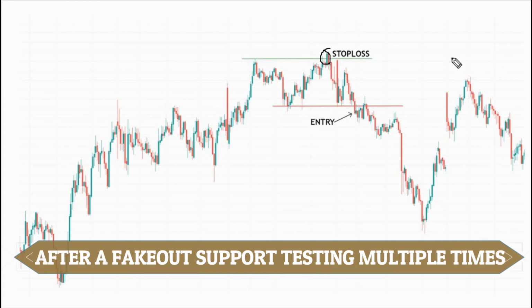So this is an indication that the breakdown would now succeed because it faked out and we saw multiple retests of the support zones after forming a double top pattern and prices broke down, then took a retest. We will enter here and see the huge downside movement after that.